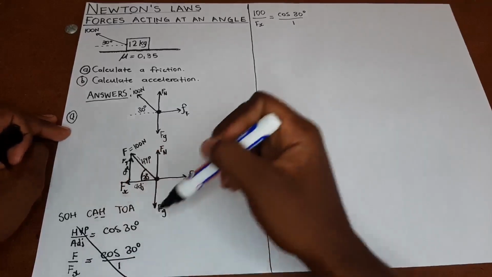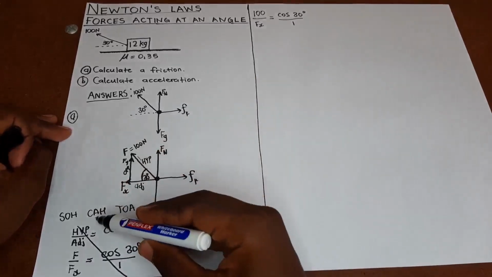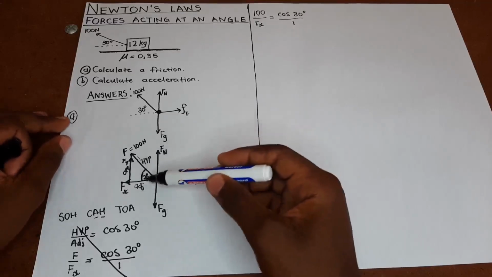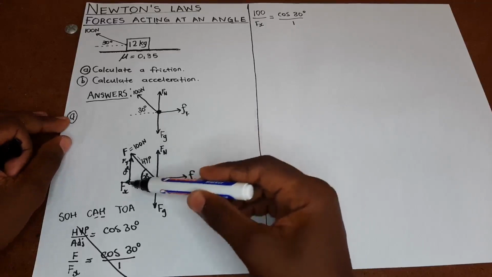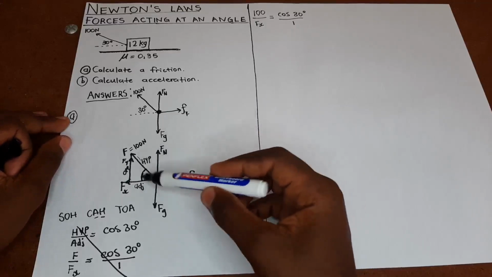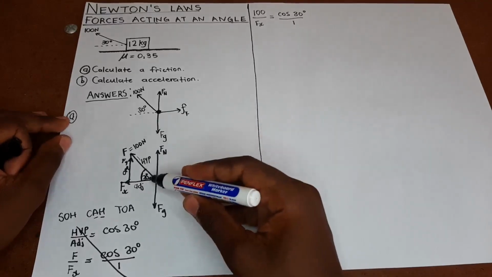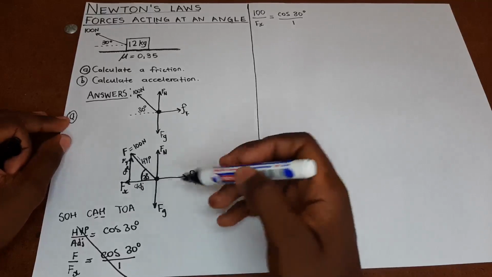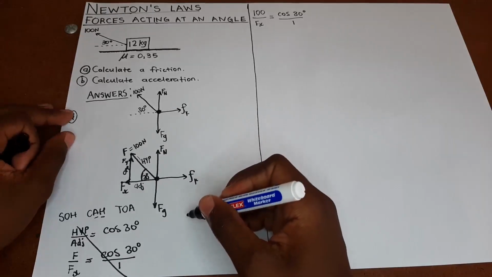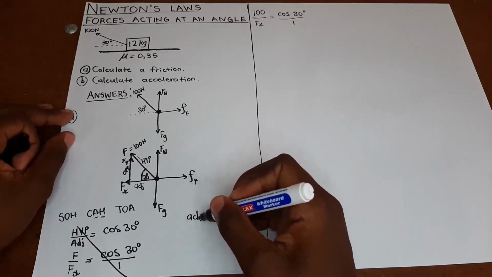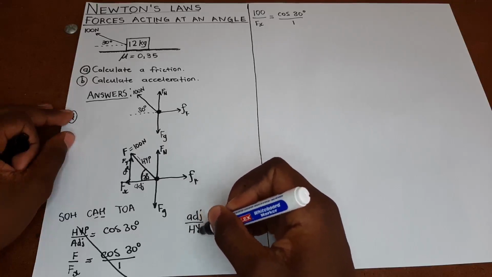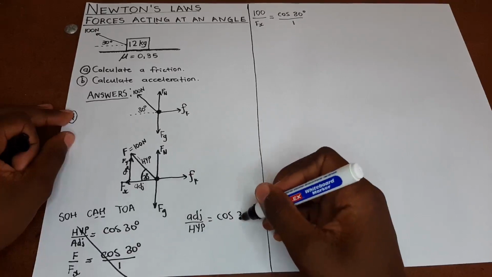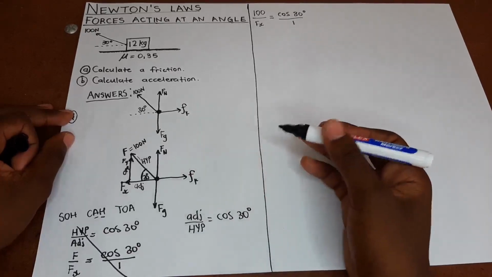Our 30 degrees is between those two sides, so cos theta is adjacent over hypotenuse. So adjacent over hypotenuse is equal to cos 30 degrees.